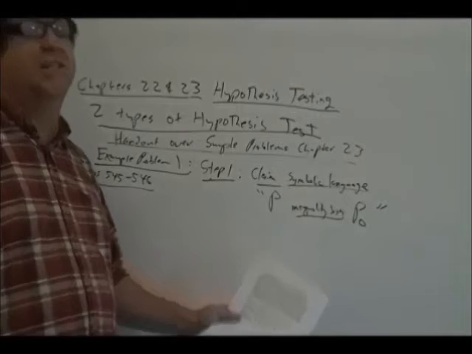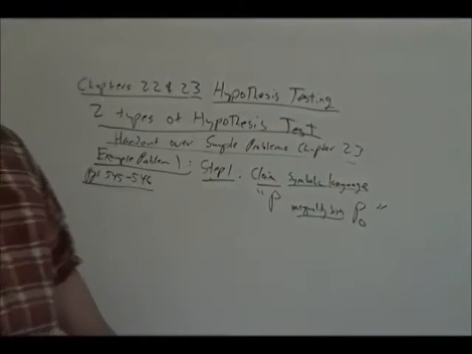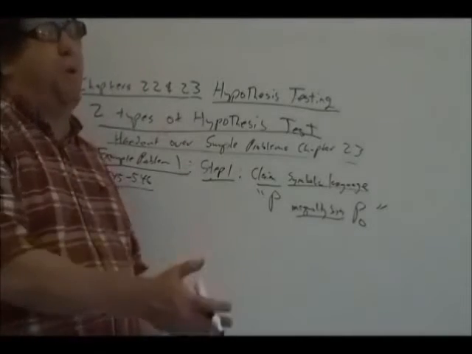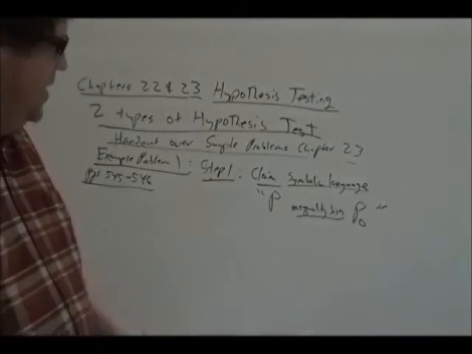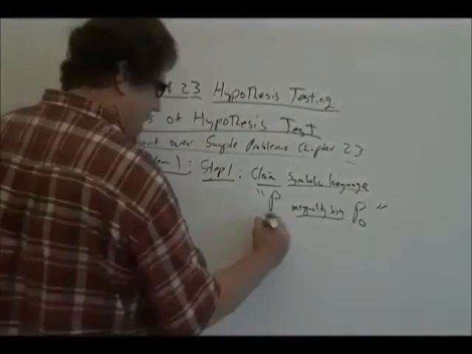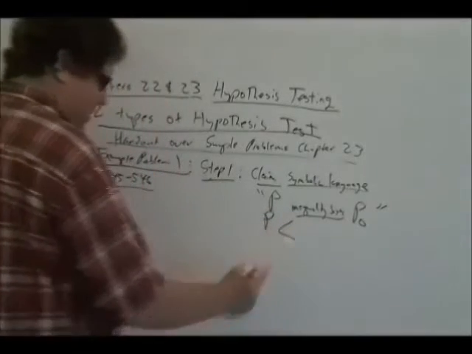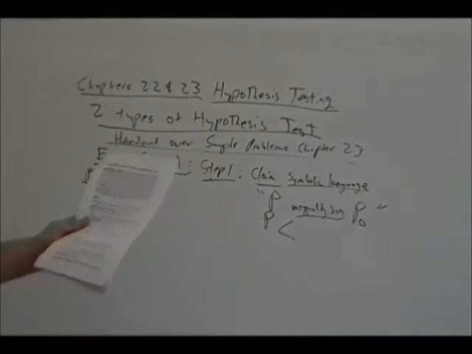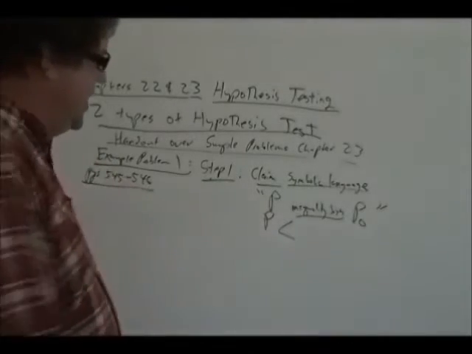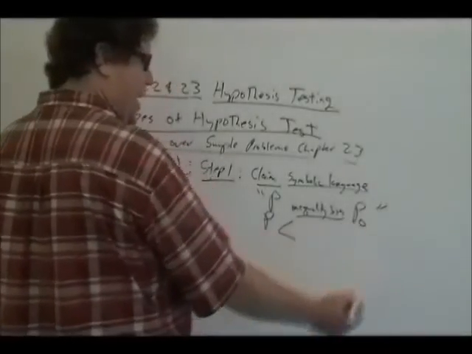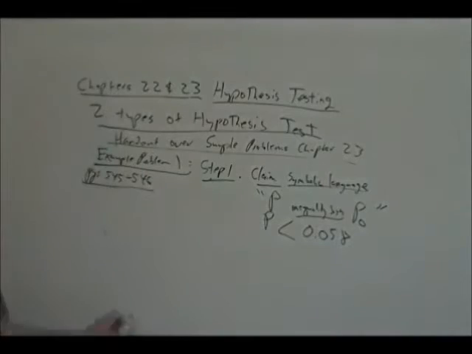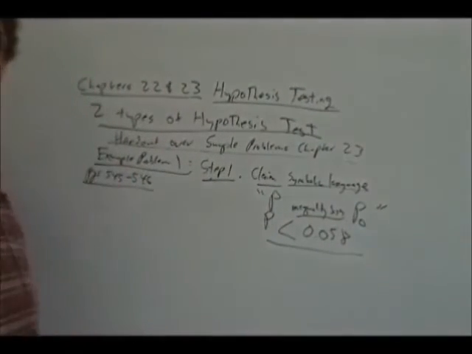Writing this in symbolic language in terms of proportions, you'd put P is less than, because words like fewer than or less than turn into a less than inequality sign, and then P naught would in this case be 0.058, a number between 0 and 1. So this is the claim written in symbolic language.